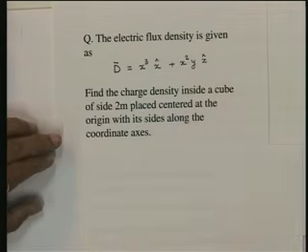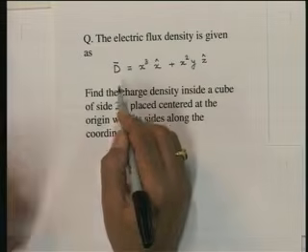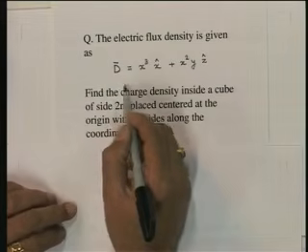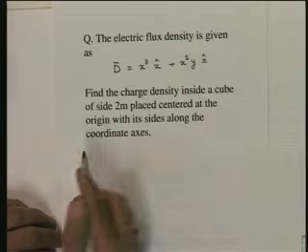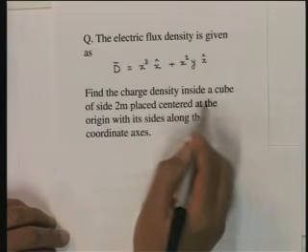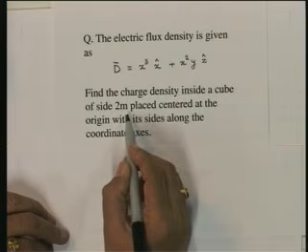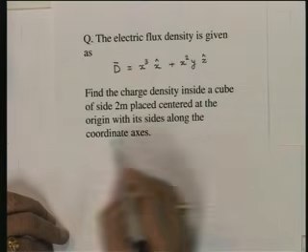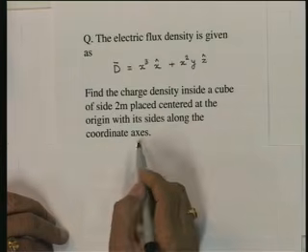So, now the electric displacement density is given in the vectorial form, and we have to find the charge density inside a cube of side 2 meters placed centered at the origin with its sides along the coordinate axis.